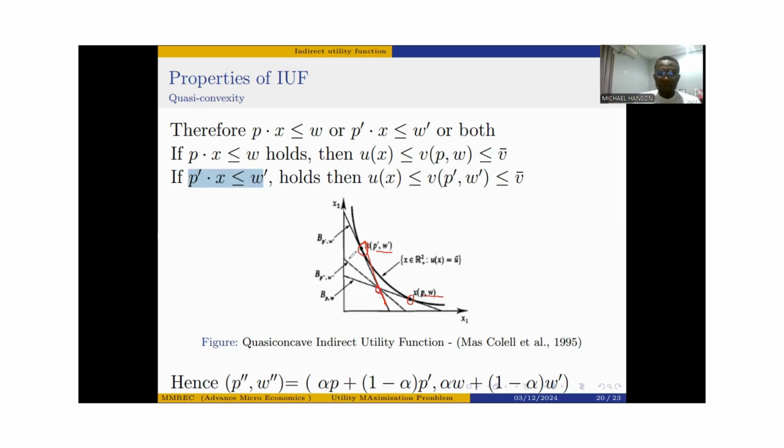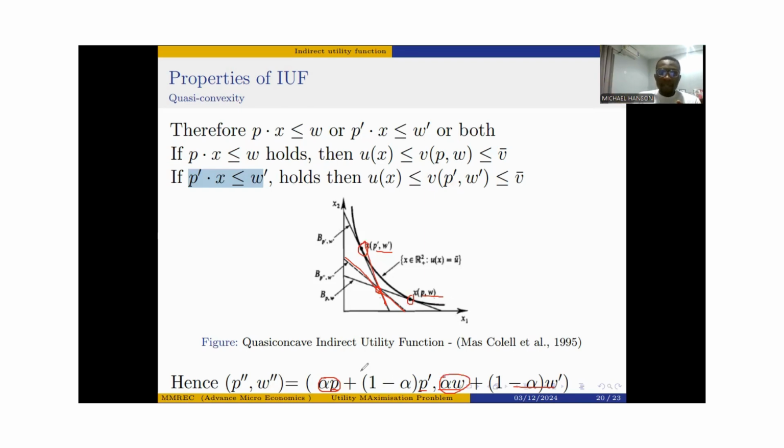So this budget line we've drawn here suggests that we are spending part of our wealth on the first commodity and the remaining on the second commodity. And that is the homogeneity rule. If the percentage increase in price and the percentage increase in wealth are the same, then the bundle doesn't change.